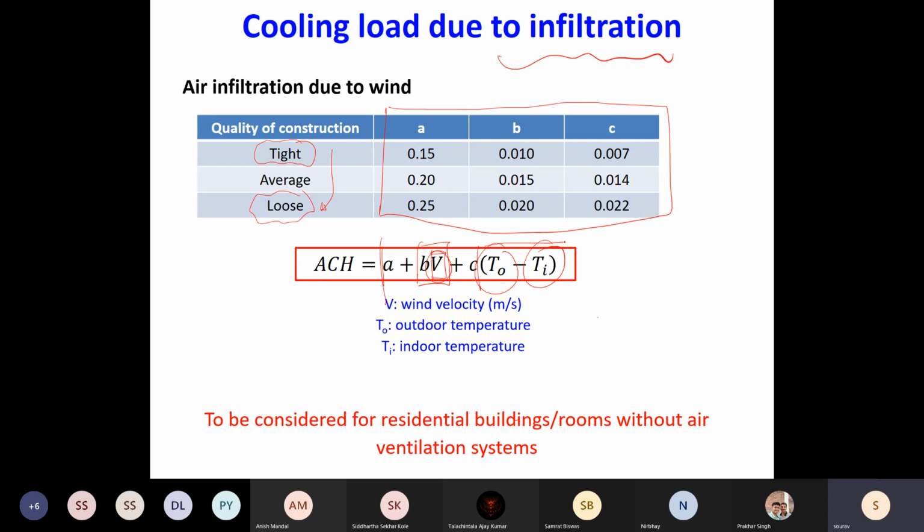Why is this T0 minus Ti coming? Why is this factor also coming? Can anyone tell? T outdoor minus T indoor. What has temperature to do with infiltration? Anybody?